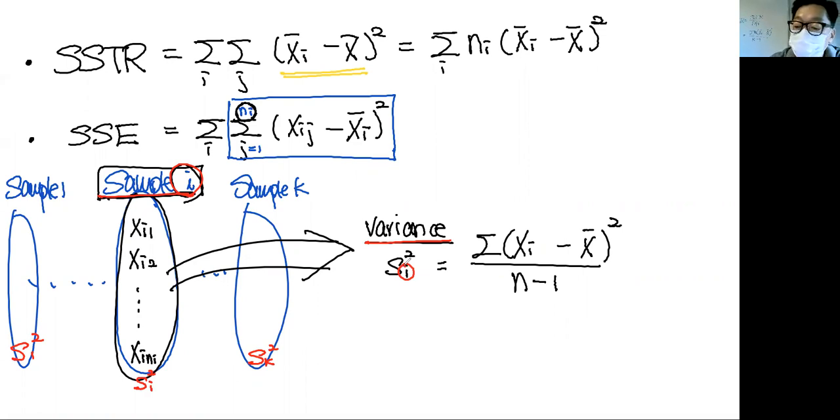So I have to use another index, because i is for the sample index and j here is, we are going to take the sum using j from 1 to ni in the sample i, minus the sample mean from the sample i. So it must be xi bar. It is the sample mean from the sample i. And now we divide it by ni, the sample size in the sample i, minus 1.